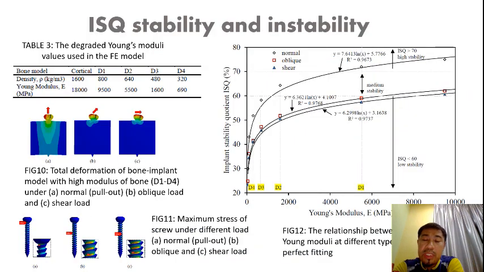Figure 12 shows the result of this study, and as we can see, based on the 4 finite element models D1, D2, D3, D4 that refer to 4 different bone densities and 4 different Young's moduli, based on the normal, oblique, and shear loading, this study managed to categorize the stability into 3 states: low stability, medium stability, and high stability.